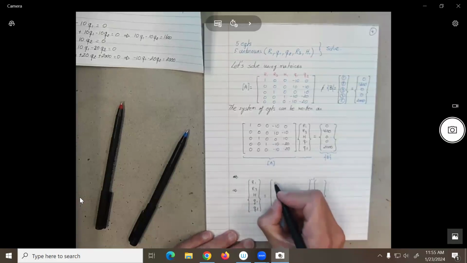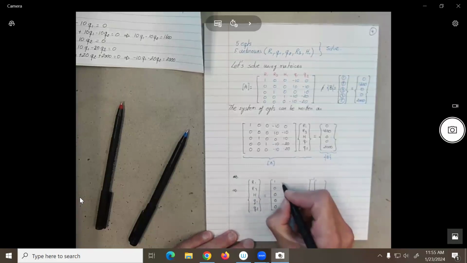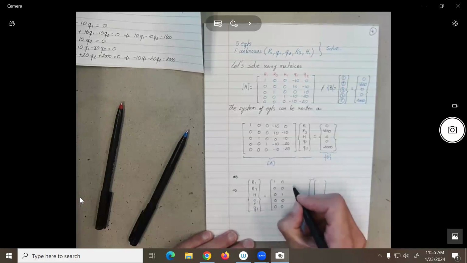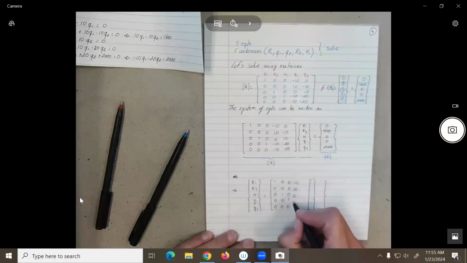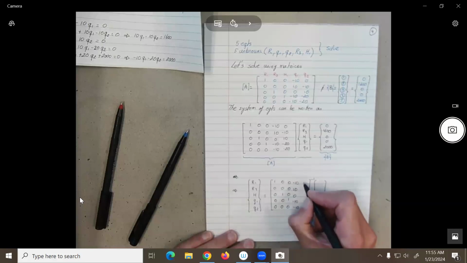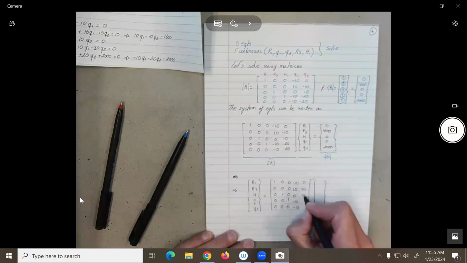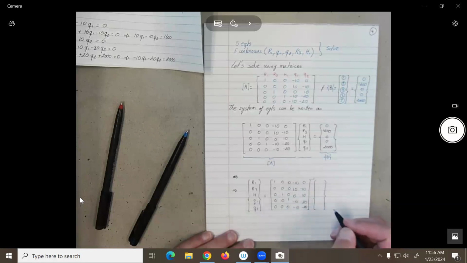I move it to the other side, so it will be the inverse of 1, 0, 0, 0, 0, 0, 0, 1, 0, 0, 0, 0, 0, 1, 0, minus 10, 10, 0, negative 10, negative 10, 0, negative 10, 10, negative 20, negative 20, and you have the 0, 1600, 0, 0, 2000.